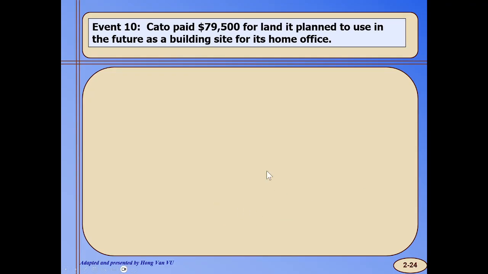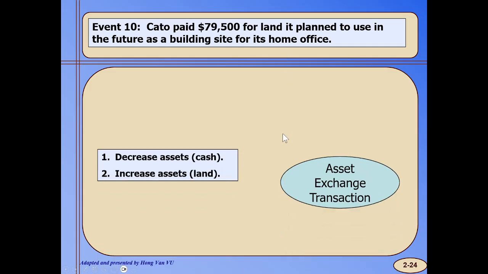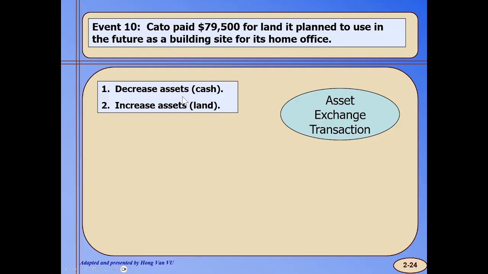Let's look at another, transaction number 10. The company paid 79,500 for land it planned to use in the future as a building site for its home office. This transaction, purchasing land, is an asset exchange transaction.